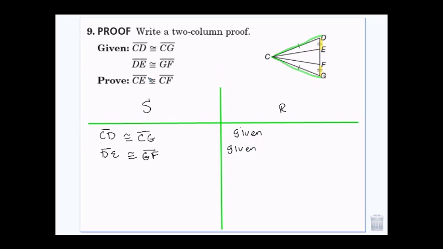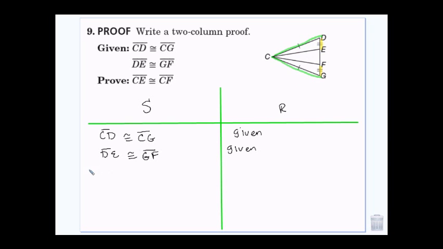Okay. I want to prove that CE and CF are the same. What do I know about this now? Well, if I know these two are the same, what do I know about G and D? They're congruent, right?